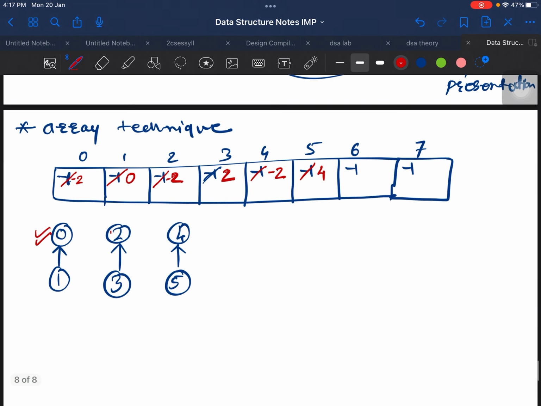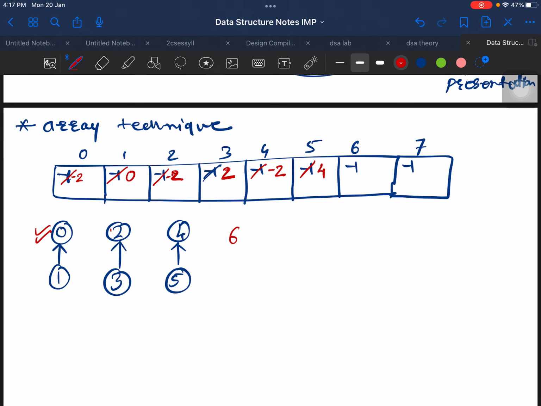Now the next union operation is 6, 7. Here I will write 6, 7. Now 7 is the child of 6. So instead of writing minus 1 inside the 7, I will write 6, because 6 is the parent of 7.